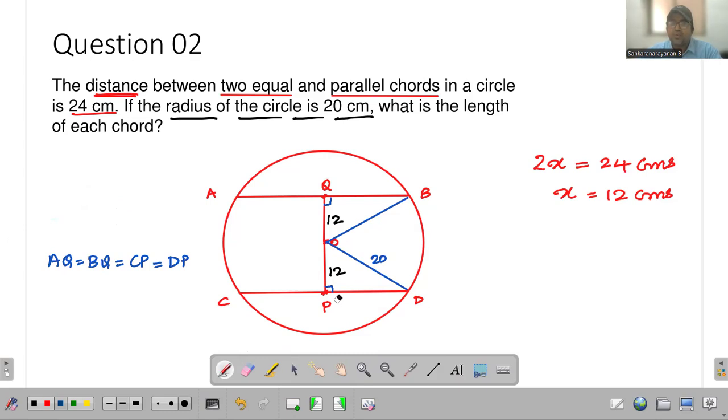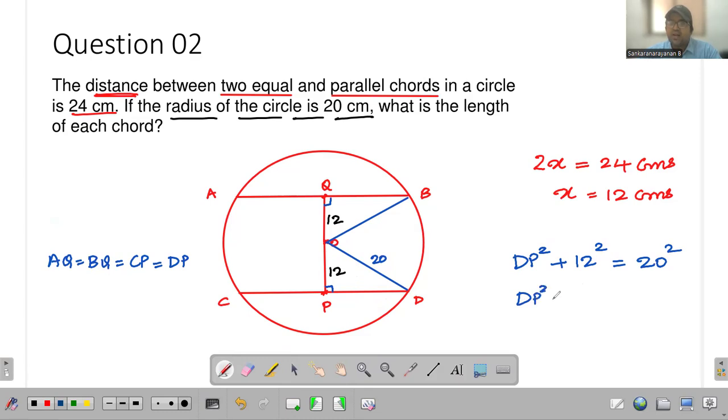So let us focus on finding the measurement of PD, or DP. I see a right angle triangle here. DP square plus 12 square is equal to 20 square.